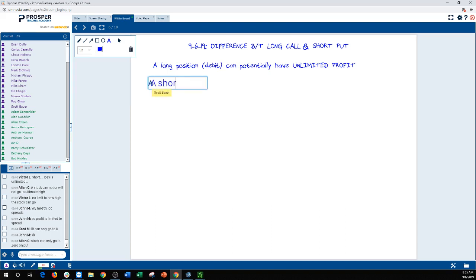A short position, a credit, can only profit by the premium received. Okay, and remember here, we're talking about individual options. We are not talking about spreads right now.